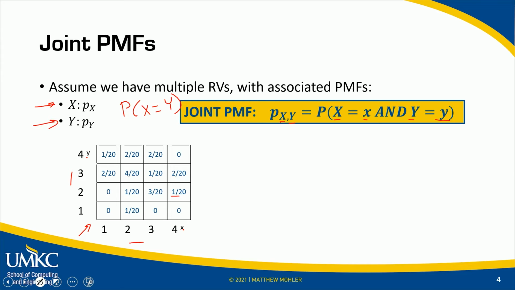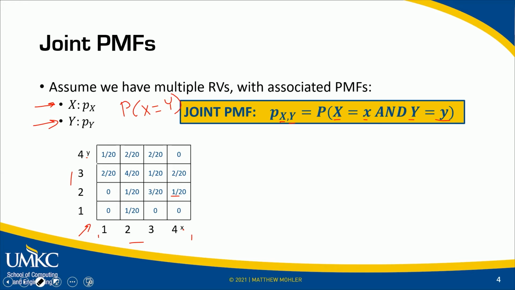So there can't be a 5, 6, 7 here without extending this table for x to that extent. We can't add additional things to a random variable just because we want to. There actually has to be a defined random variable that is limited in scope, where we would say that the only possible values of x are 1, 2, 3, or 4, and that the only possible values of y, again, are 1, 2, 3, or 4.